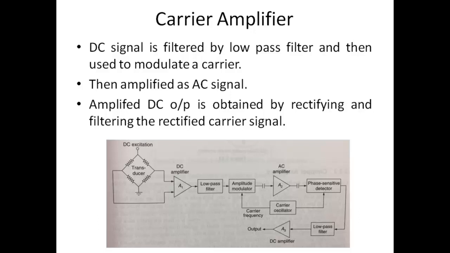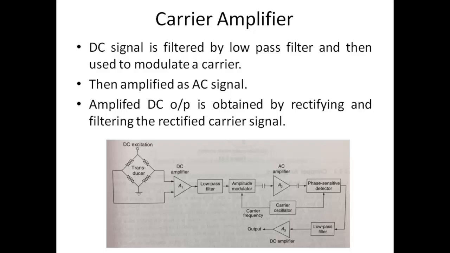So we get a DC signal and amplify it. Then it passes through a low pass filter, because the signal coming from the human body is a low frequency signal, and any high frequency component coming along is noise. So we put a low pass filter here to eliminate any unwanted noise.